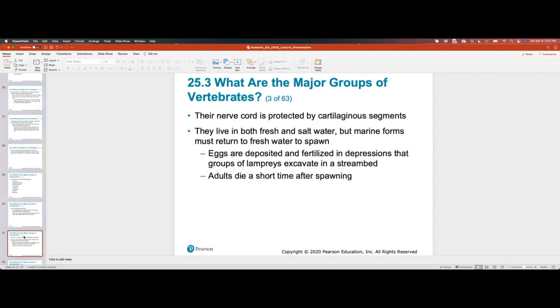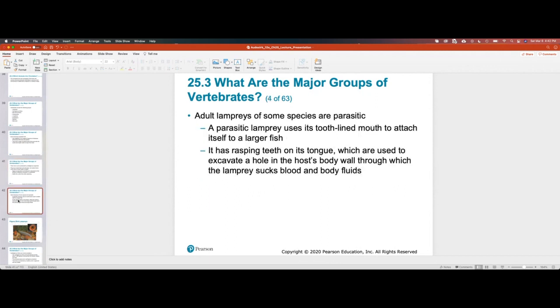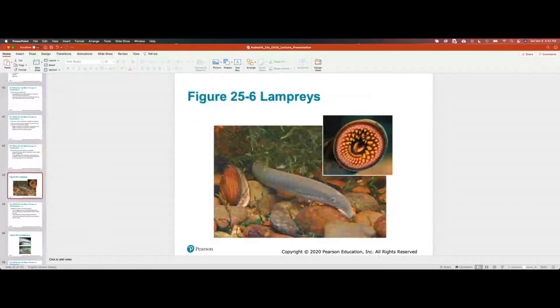So I'm going to jump ahead. And here is a picture of one. And yes, that's its head slash mouth structure.